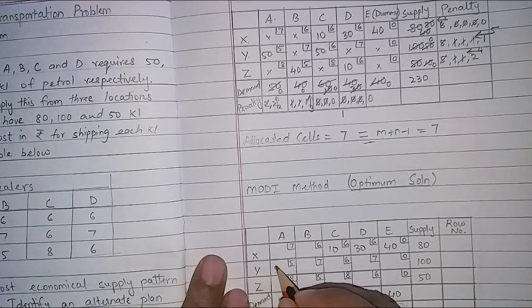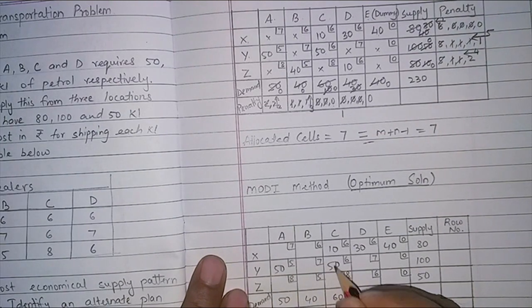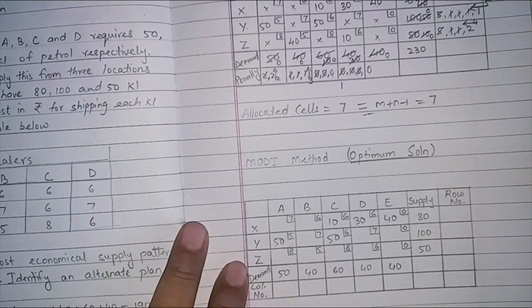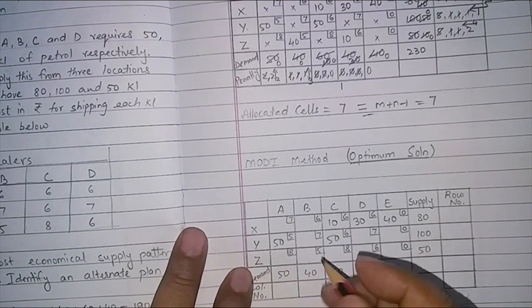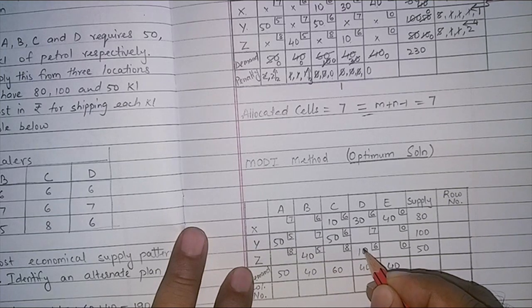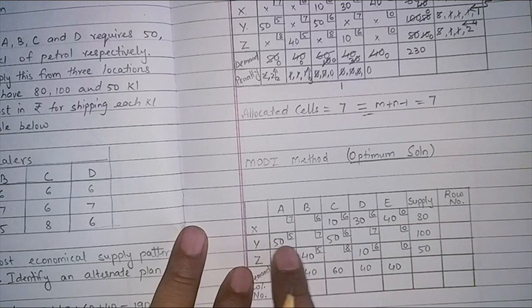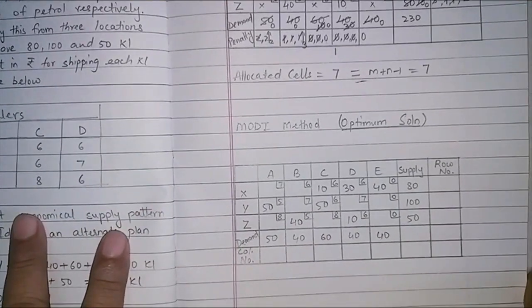Then we got 50 units assigned. In C we got 150 units assigned. Then for Z we have in B 40. Here we have 10. So we have 1, 2, 3, 4, 5, 6 and 7 as the assignments.